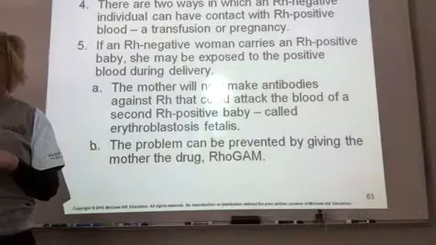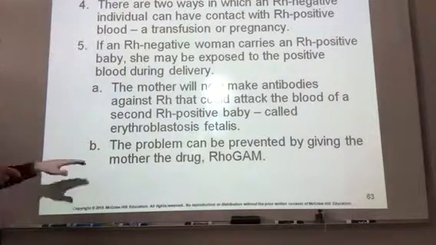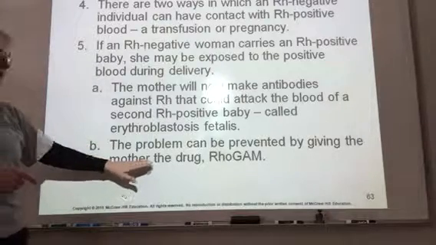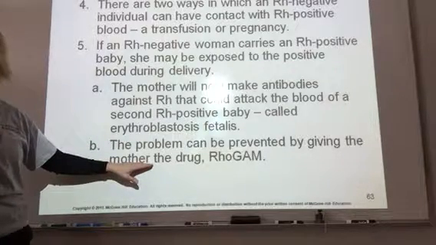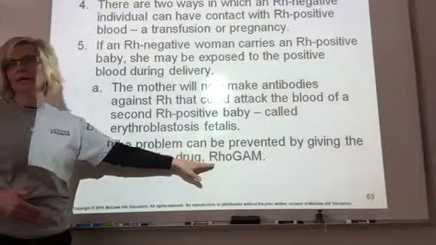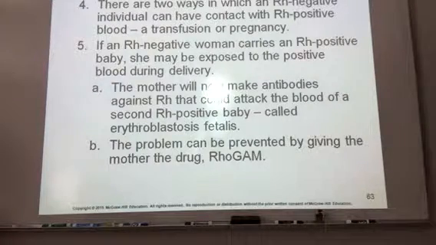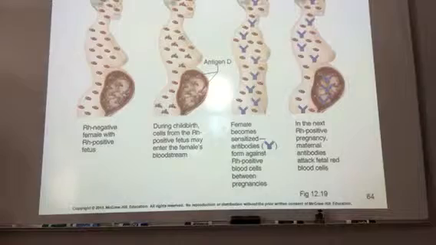If you've donated blood and you have O negative blood, you don't need to be concerned because any mother who has the negative Rh factor is given RhoGAM, which prevents those antibodies from being produced or allows her to have many successful children after the first one.